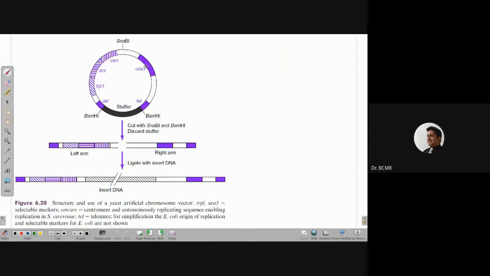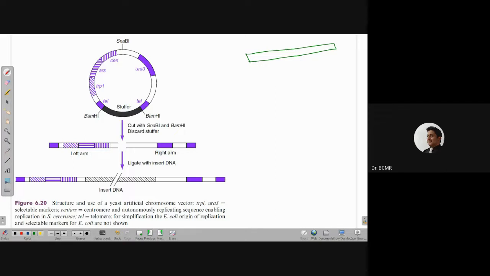So now we are increasing the goal of all these vectors. In special cases there are needs, like wanting a special integration or an episome and all those things, but the majority of the time it is also about the size of the fragment that could be cloned. If we take plasmids or cosmids, or phage-based ones, there is a limitation.